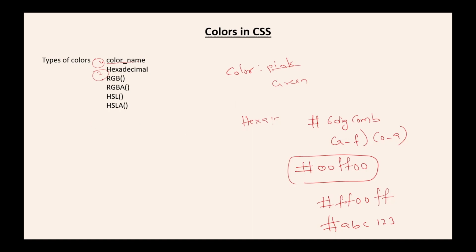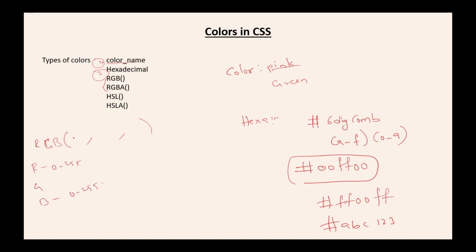And the next one is RGB. RGB is one of the methods. RGB means red, green, blue combination. In total it has 3 values. The first value is red, the second value is green, and the third value is blue. The red value is 0 to 255, and green and blue also have 0 to 255.